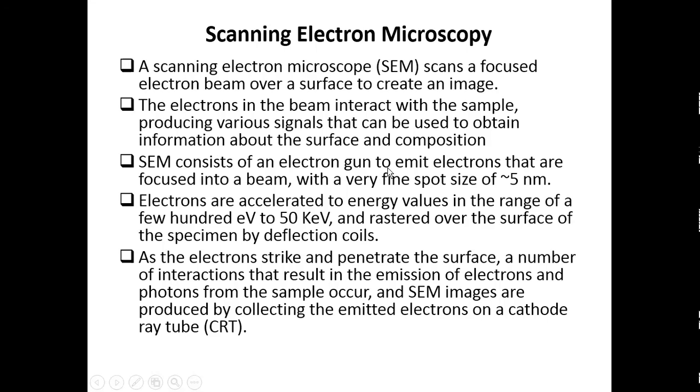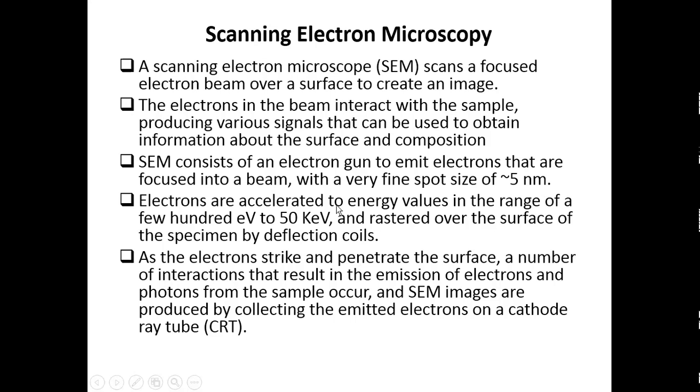That gun emits electrons that are focused into a beam with a very fine spot. This beam size is very small, of the order of nearly 5 nanometers, and such a beam is directed over the surface in order to study the composition and the characteristic behavior of the material over the surface.